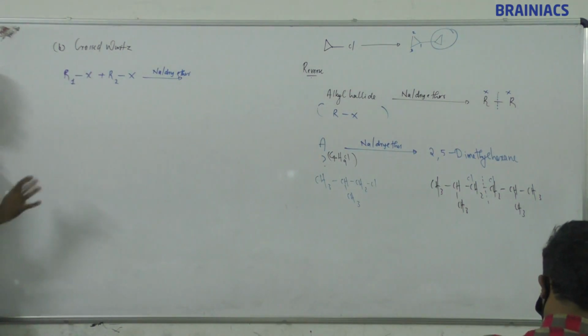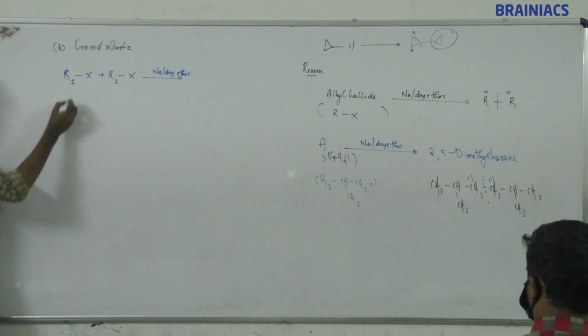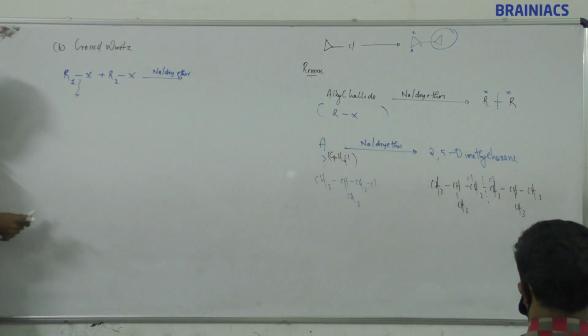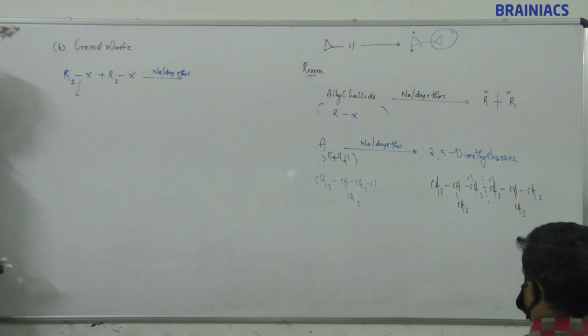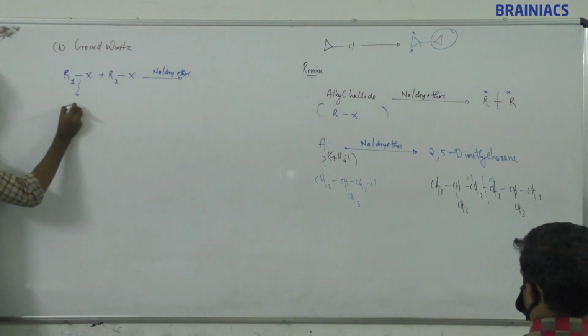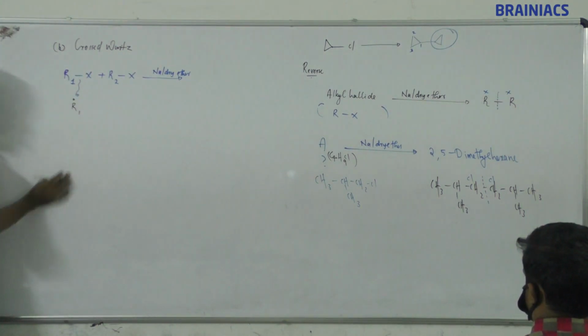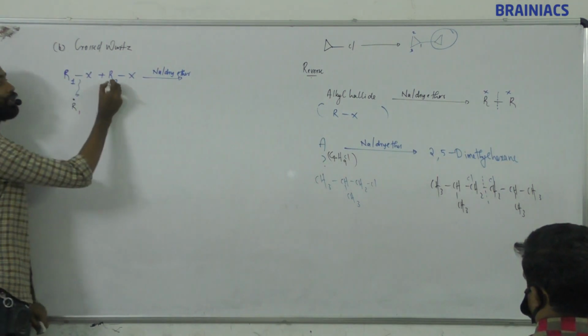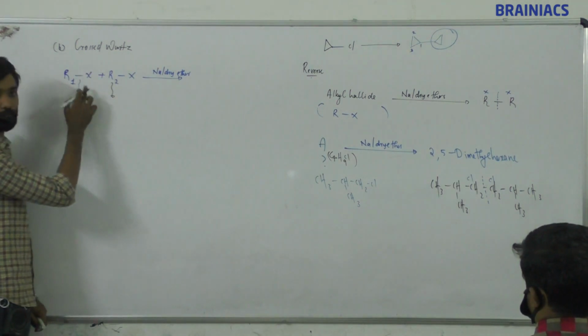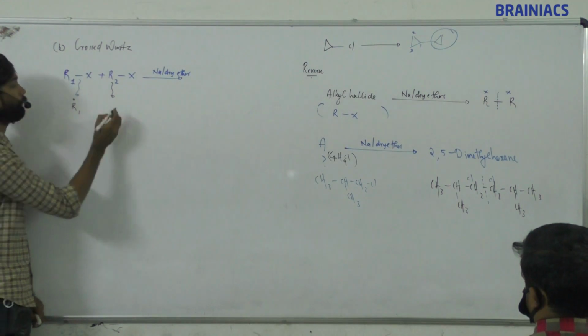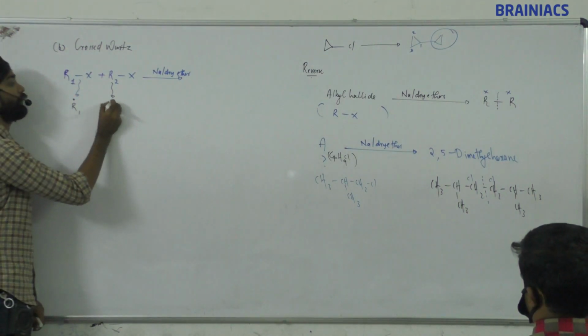Sodium supplies the necessary electron for the halogen, and homolysis takes place, right? So there are chances for the formation of R1 free radical or R2 free radical.